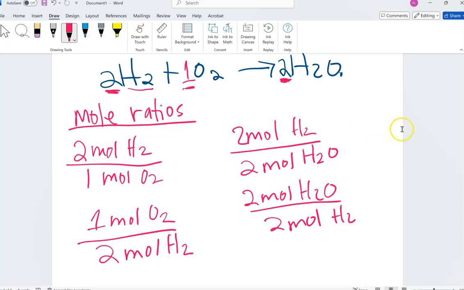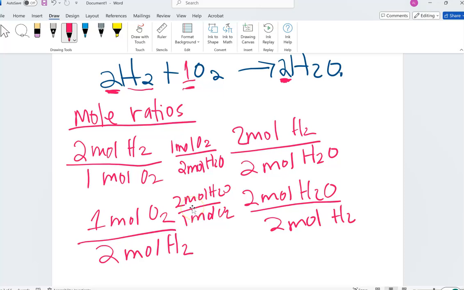I also have 1 mole of oxygen to 2 moles of water. I got another one. I have 2 moles of water to 1 mole of oxygen.